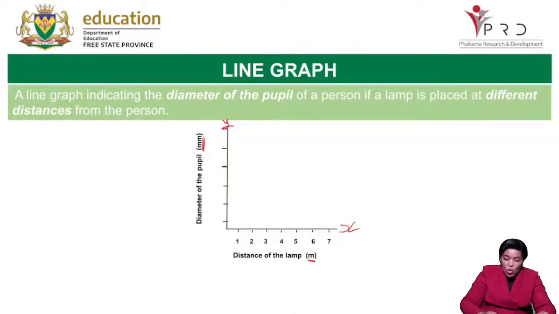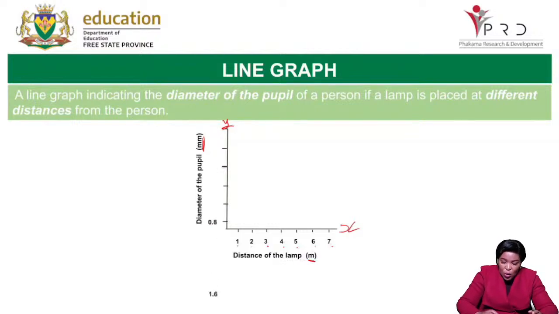Then you come up with a scale for your distances. So the scale is when it was put at 1 meter, 2 meters, 3 meters. So here it's easy. The scale will just be 1, 2, 3, 4, 5, 6, 7. You've decided on the scale for your x-axis. And then you check your data for the y-axis, your smallest and your highest, and then you decide what scale you are going to use.